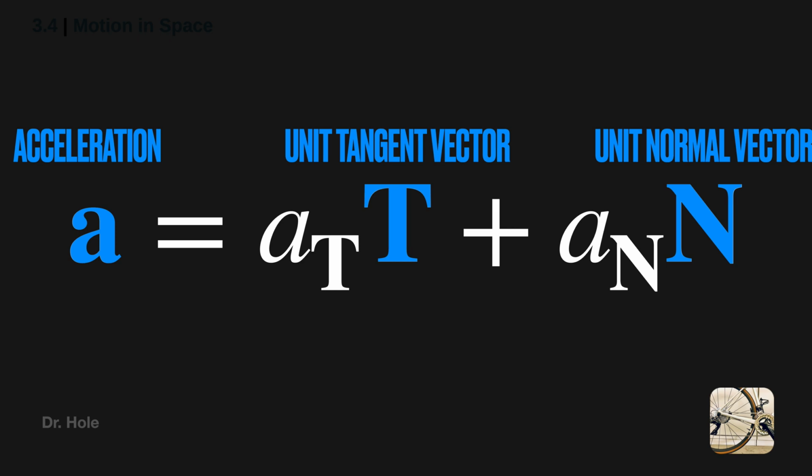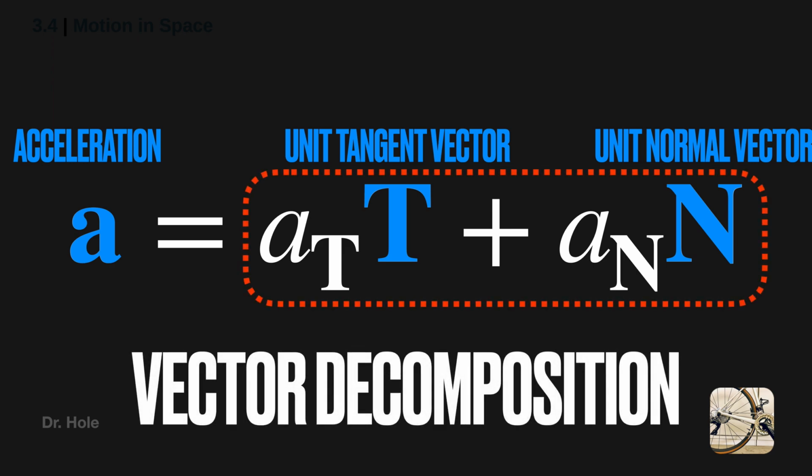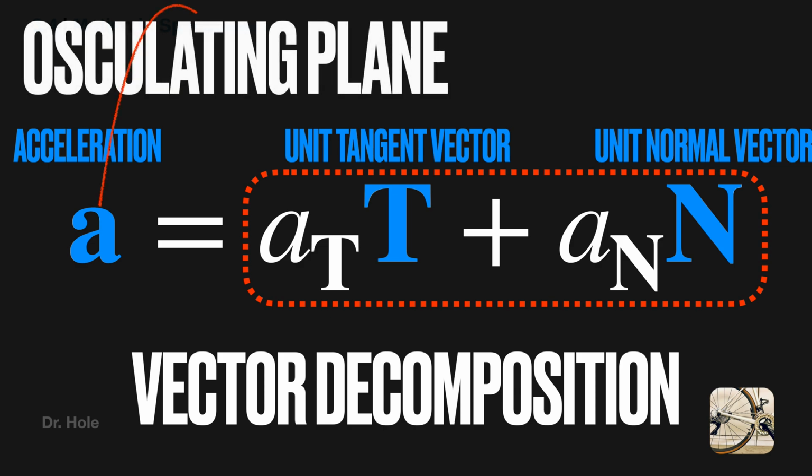As we're breaking up acceleration into this piece and that piece, where the two pieces have nothing to do with each other, they are orthogonal, this is a vector decomposition. Now, acceleration, we're going to show, can always be decomposed in terms of a unit tangent vector and a unit normal vector. And as such, acceleration will always lie in the osculating plane, or be parallel to the osculating plane.